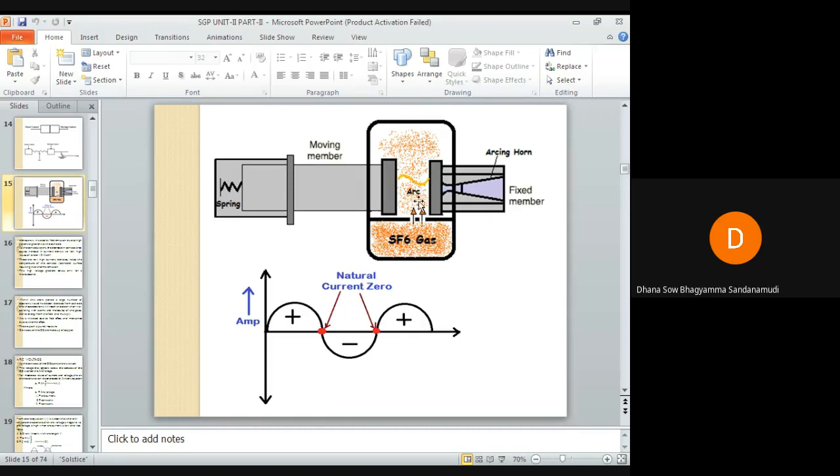The orange color you can see is the insulating medium, of course not a fluid because it is a gas. This insulating medium will come in contact with the arc and try to take away heat from it. How the arc is extinguished, I will discuss later on.